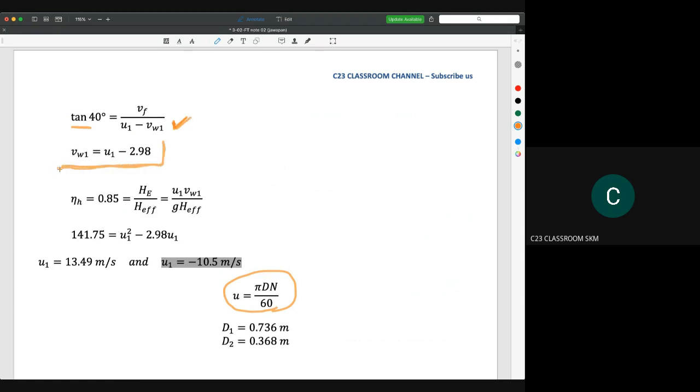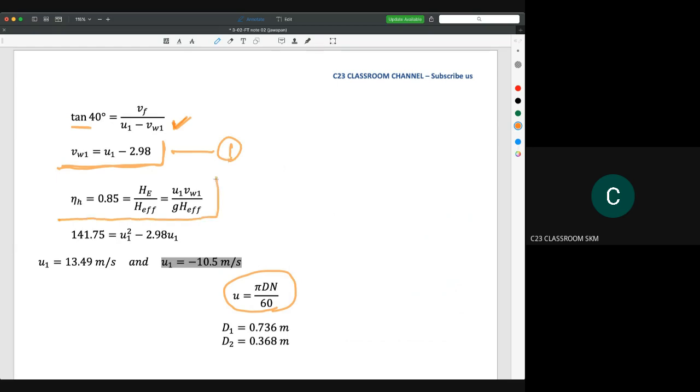Because it has two terms, V1 and U1, we need another equation to do the simultaneous solution. So we use the hydraulic efficiency here.